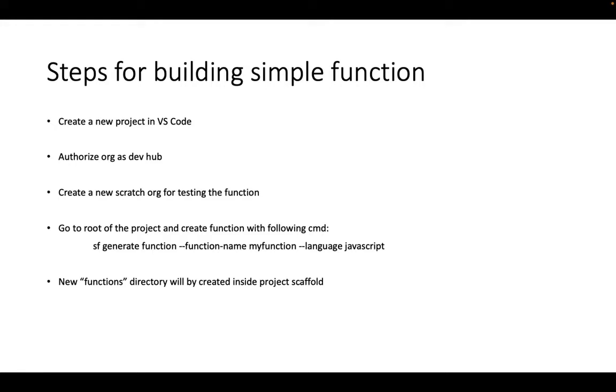After we have created the scratch org, we can create our function using the following command: sf generate function, followed by the name and language of our choice. Thereafter, a new function folder will be created under the functions directory. So let's get started and create our new Salesforce function.